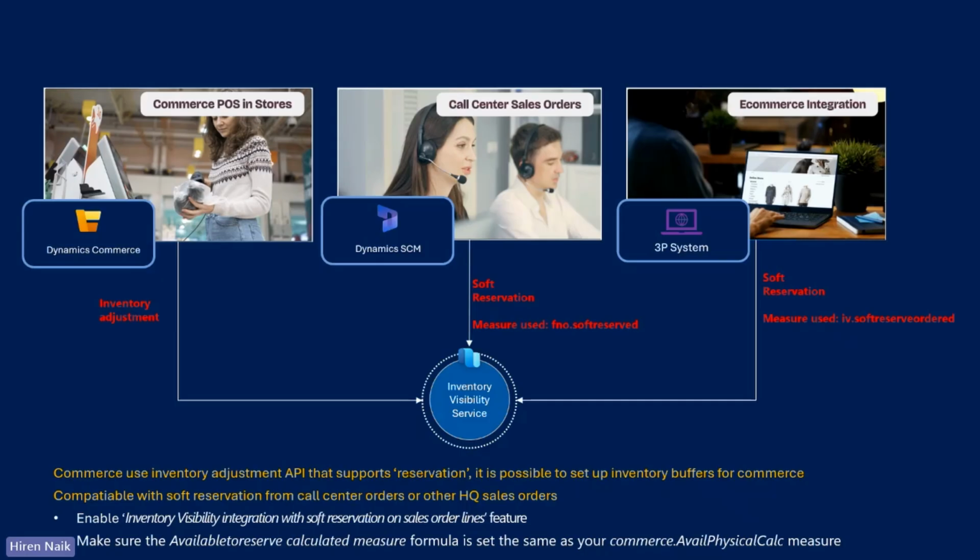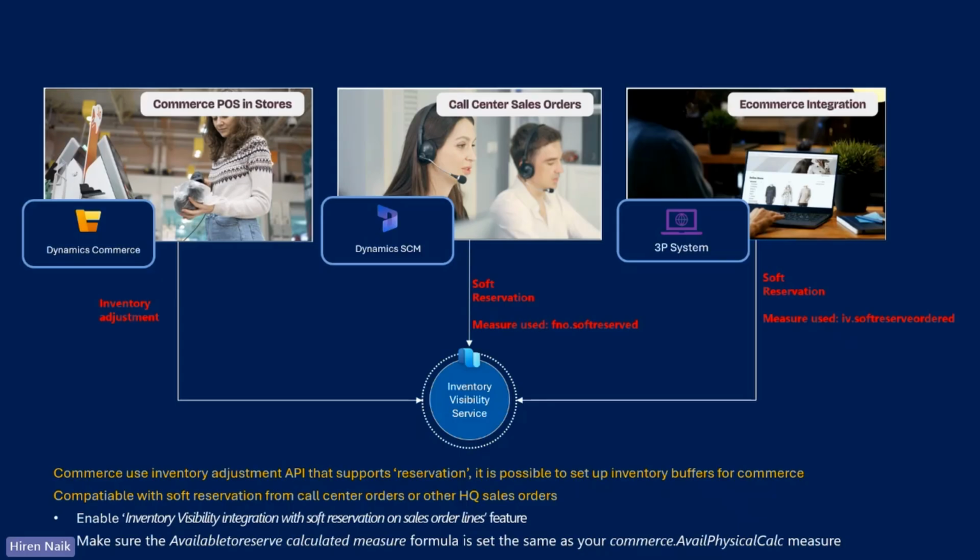As shown by Hiren previously, even though a different API is being used, there is still a list of physical measures created out of box, including commerce reserved. That means you are able to reserve inventory from commerce even by leveraging these APIs. The inventory adjustment APIs and the soft reservation APIs act very similarly.